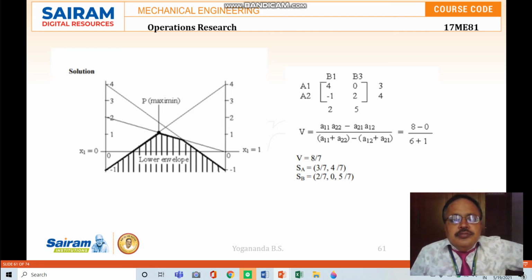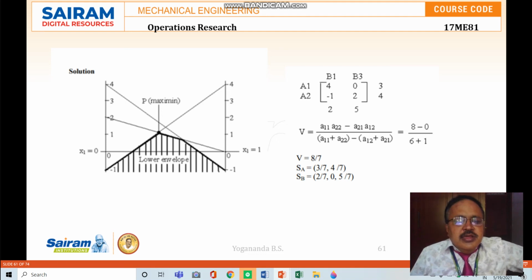Now after checking the existence of saddle point, it is proved that there is no saddle point. So here we have value of the game and then the strategies. In the lower envelope, choosing the maximum point, the value of the game is obtained as 8 by 7. So it is like 1.1.